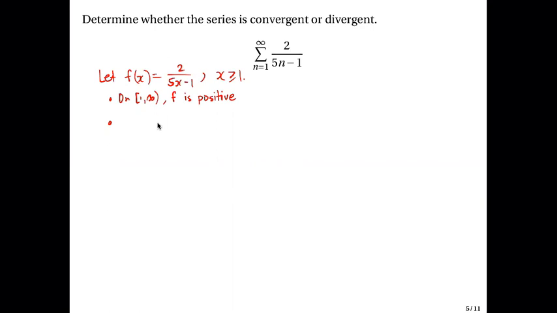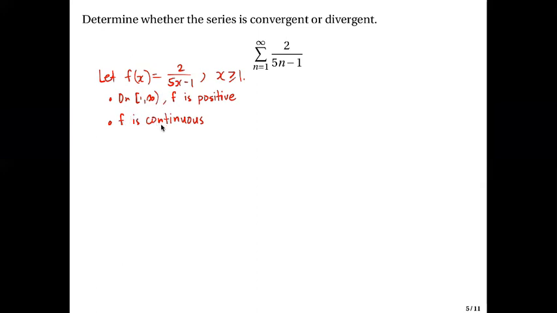Next, f is continuous. Okay, f is continuous, and of course this function here is only discontinuous when x equals 1 over 5. Okay, otherwise f is continuous.